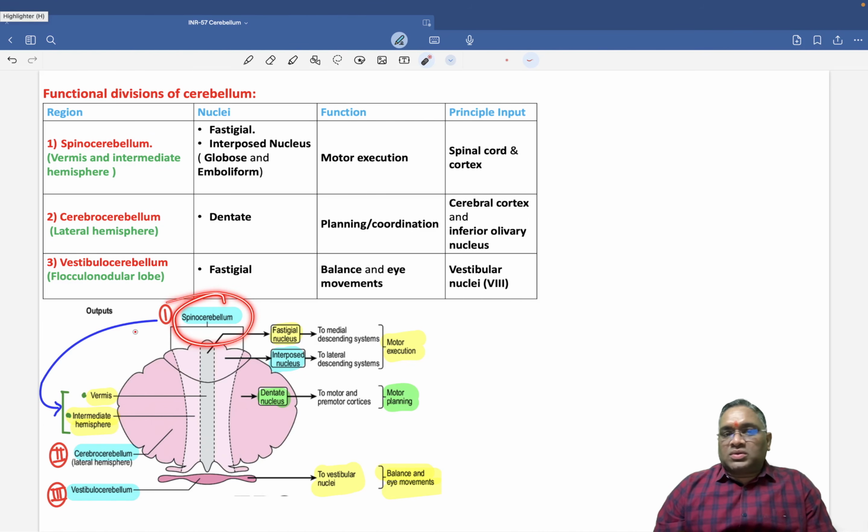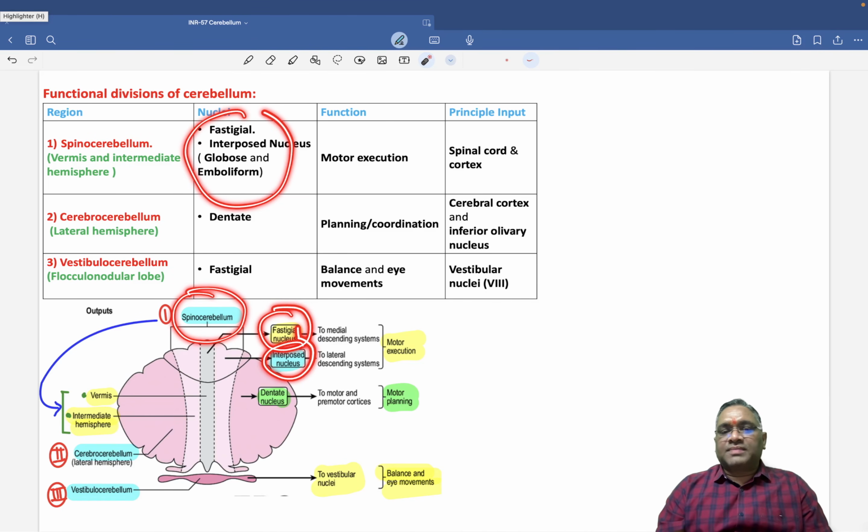Now spinocerebellum, what nuclei will be present? This is the medial part, so they will have the medial nuclei: fastigial and interposed nuclei, which consist of globose and emboliform. And what is their function? Motor execution.